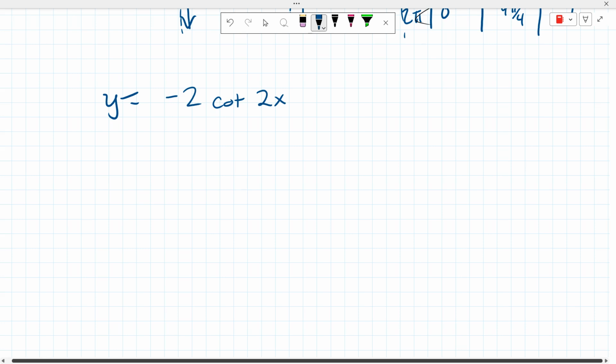Y equals -2 cotangent of 2x. All right. So we are going to first go what's x and what is cotangent of x.